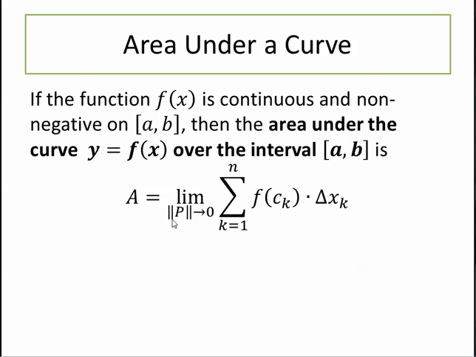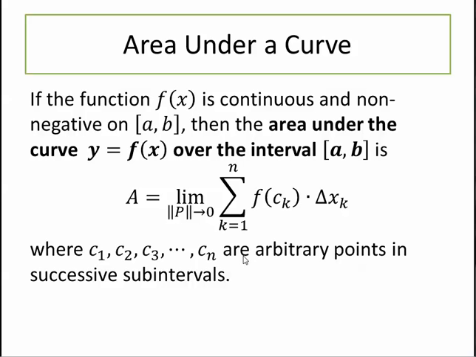And instead of looking at the limit as the norm of our partitions heads to 0, we had looked at the limit as n goes to infinity. So this is just another way of writing the same thing. And again, just remember, your c sub k's are points in your kth subinterval, and delta x sub k is the width of your kth subinterval.